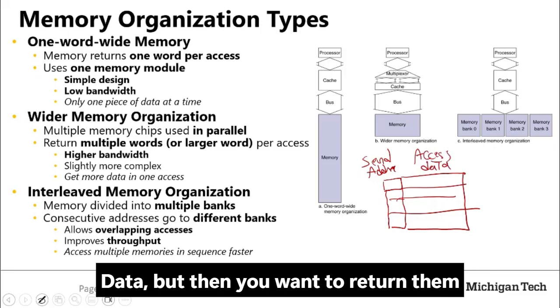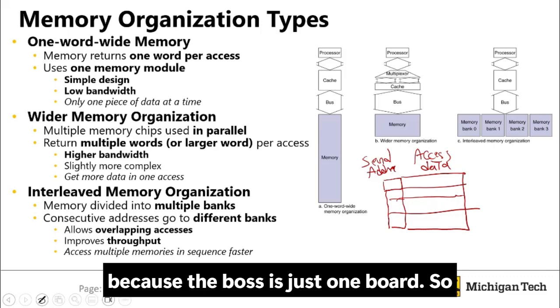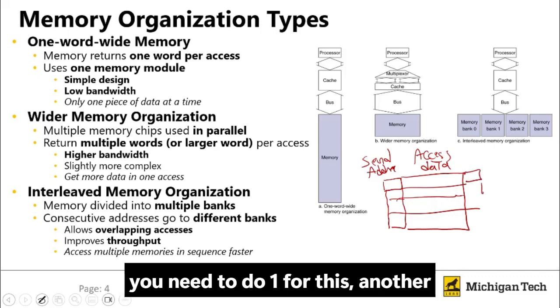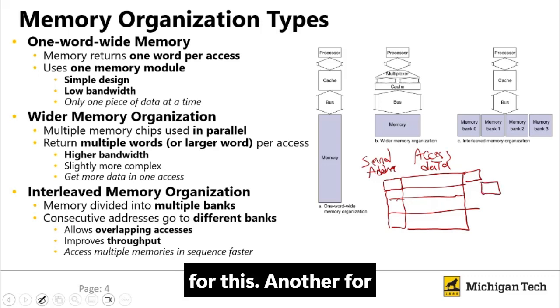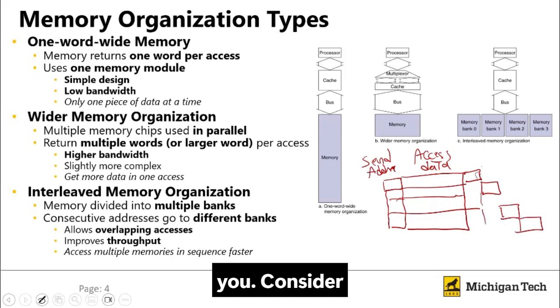But when you want to return them back, you need to do it one by one because the bus is just one word. So you need one for this, another for this, another for this, another for this. So this is the time for returning data.